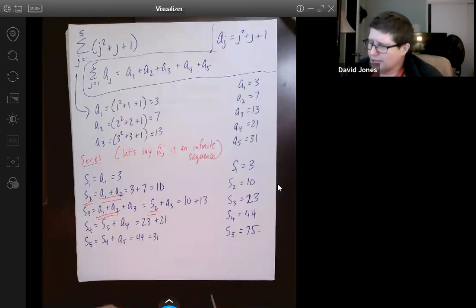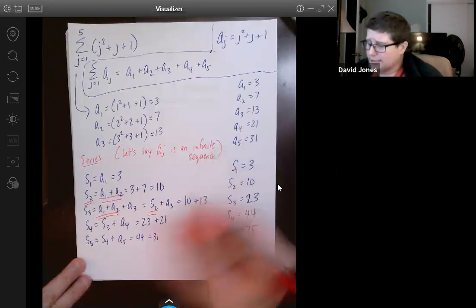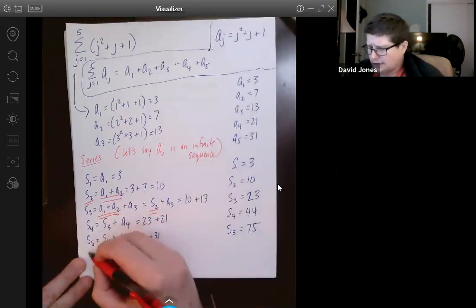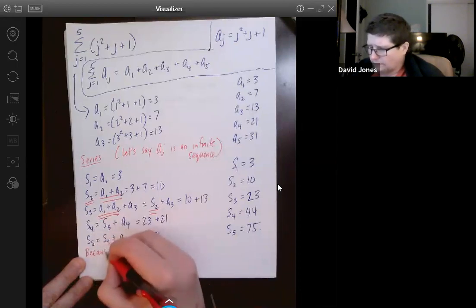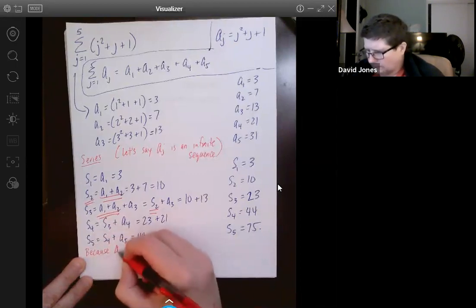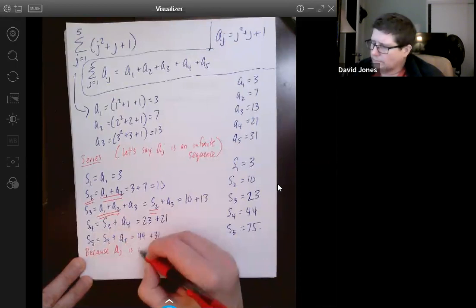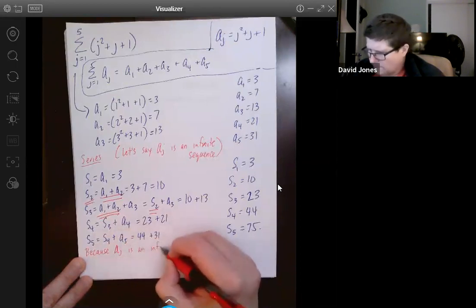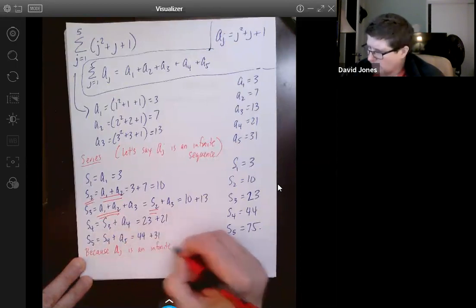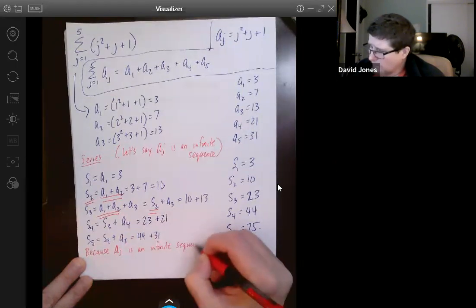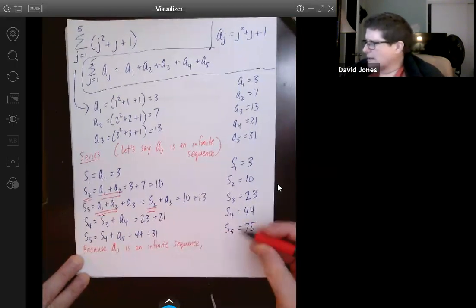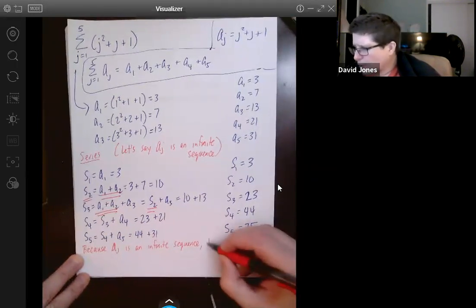Because a sub j is an infinite sequence, these sums are called partial sums.